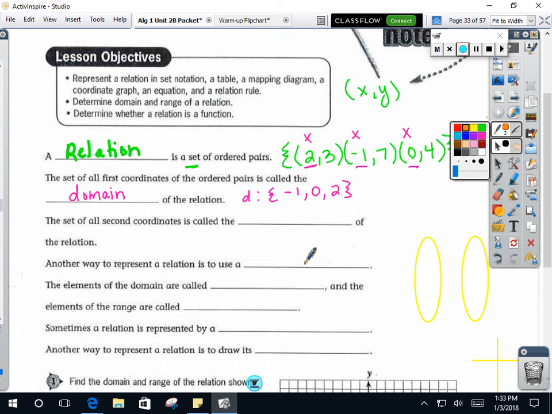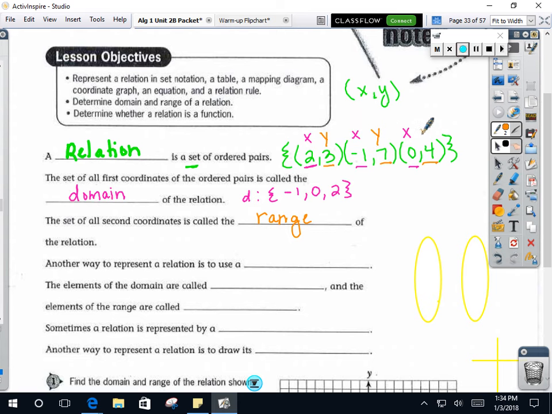The set of all second coordinates is called the range of the relation. So in this relation that I made up, this is a second coordinate, this is a second coordinate, and this is a second coordinate. And what else do you notice about those 3 things? Those are your y values.